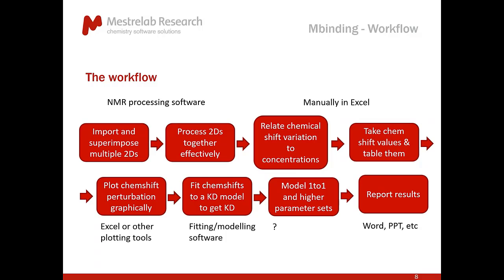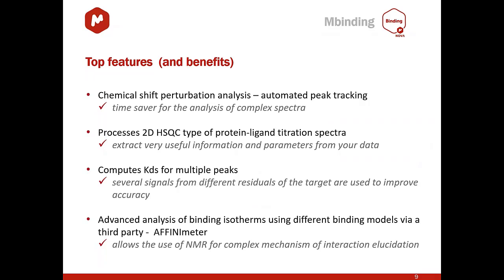And finally, you will want to report the results. Some people may go to Word or PowerPoint or tools of this kind. Other word processors and presentation tools are also available. But again, we've tried to include all this within the Mnova Binding workflow. The features, I will say, are the ability to process many 2D spectra to extract useful information in a very automatic fashion, and the ability to follow the chemical shift perturbation, so track peaks and how they move automatically.